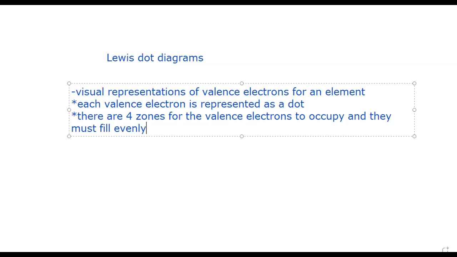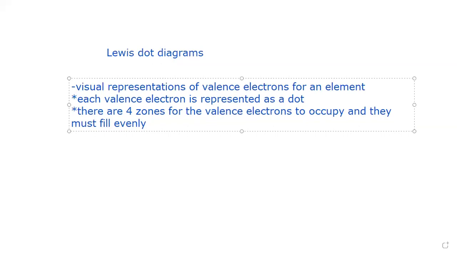If you look at this diagram, the magnesium has 2 dots. Why are those dots separated and not together? Well, that's what the rules dictate to us. And for chlorine, with 7 valence electrons, it has 7 dots. We can see that it's missing 1 more dot to get 8.